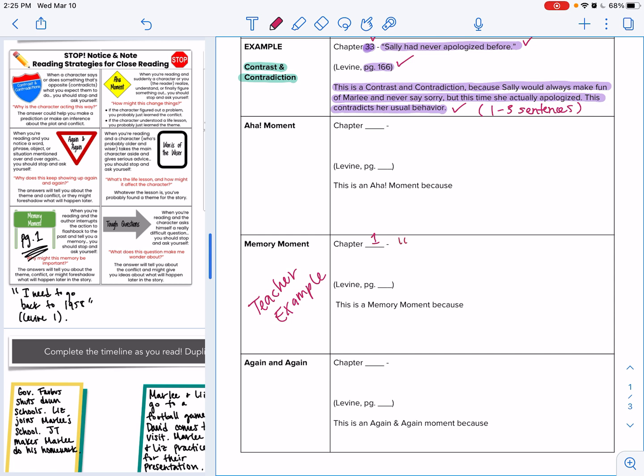And the quote was, "I need to go back to 1958." And that was on page 1. This is a memory moment because the narrative is interrupted to go back to the past.